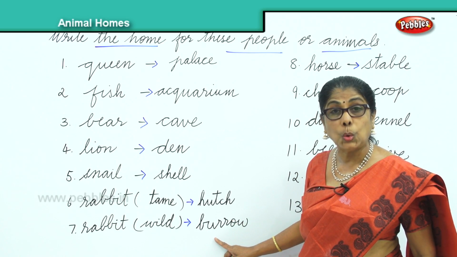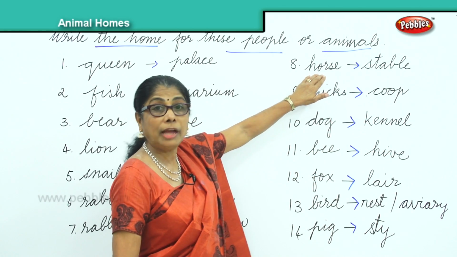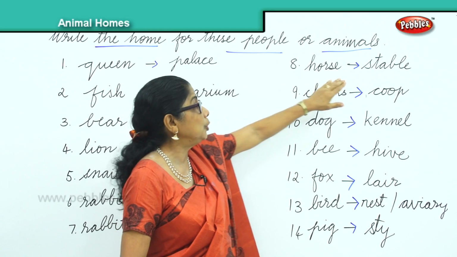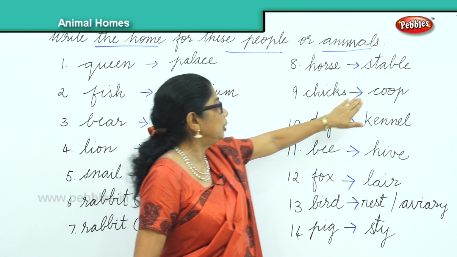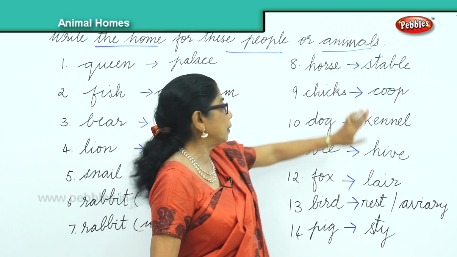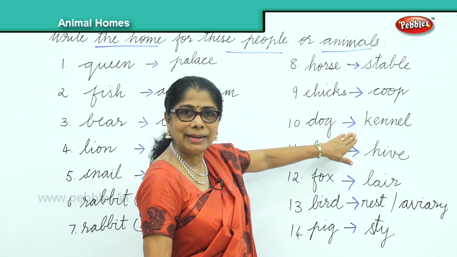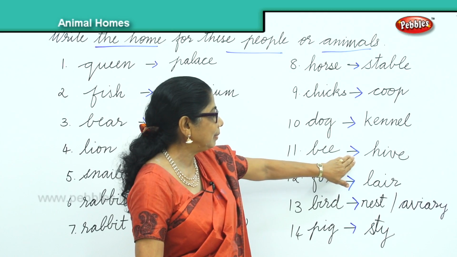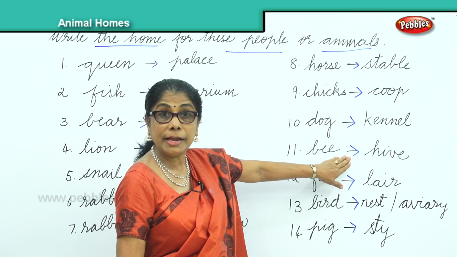It makes its own burrow, makes holes in the earth and lives in it. The horse, it's a domestic animal, we put them into a stable to take care of them. Chicks, they are put into a coop, build a little fencing, that's called coop. Dog, domestic animal, we put the dog in a home, its home is called kennel. And you have bee, they make their own little home, that's called beehive.